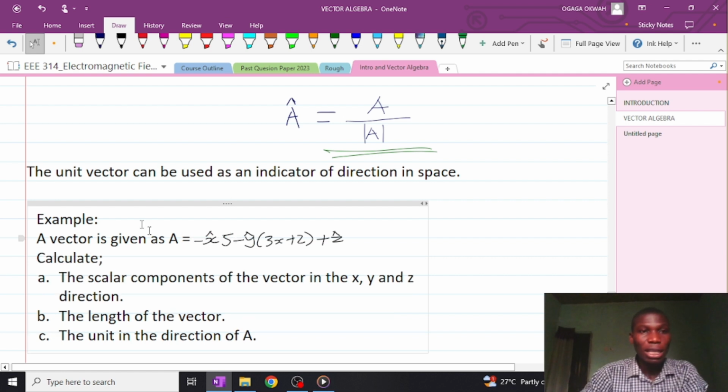Yeah, exactly. Now the example is this: a vector is given as a equals this. So this is the vector.